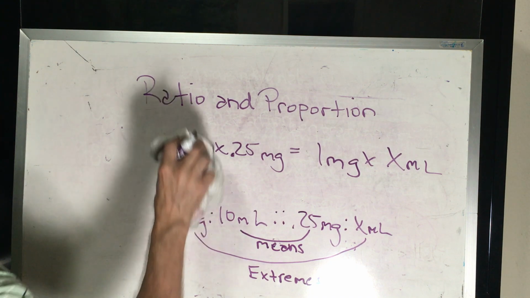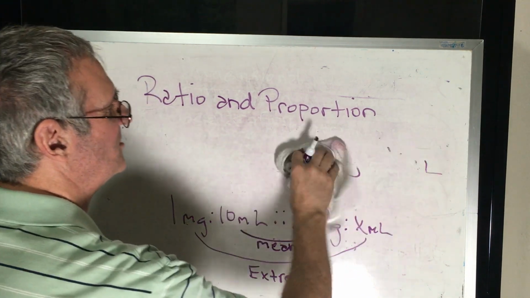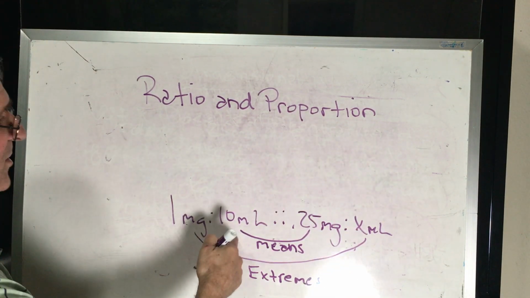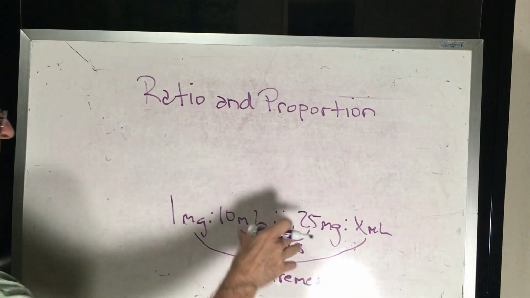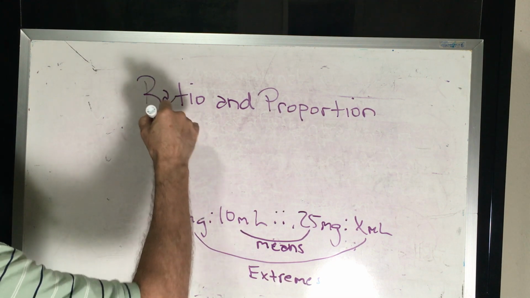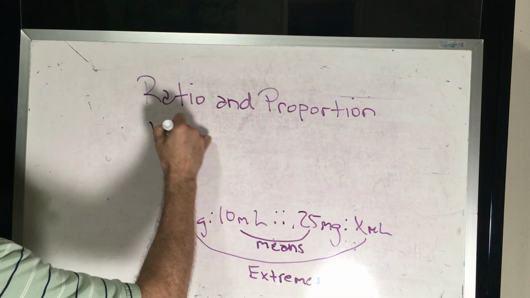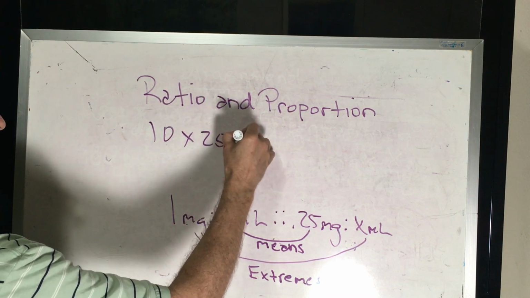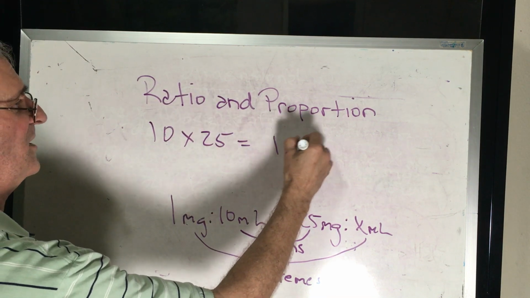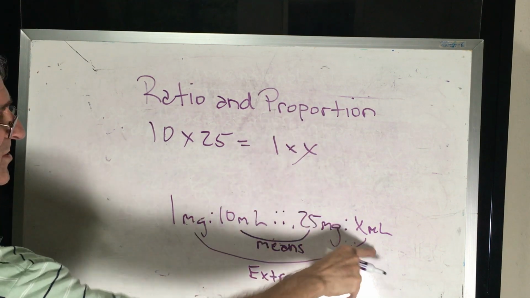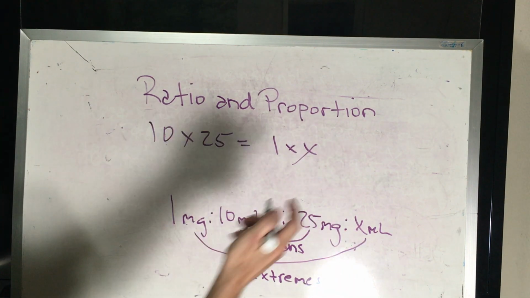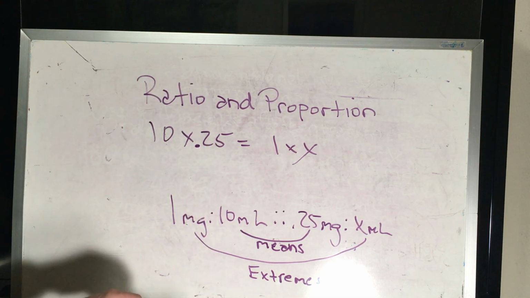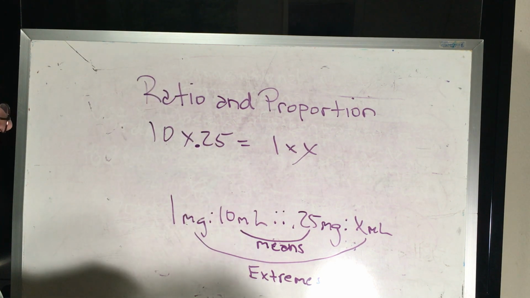Wait, let me do that over, because I think I skipped a step that might be important to you. So I have 1 milligram per 10 mils is 0.25 to X. Now I need to solve for X. So I end up with 10 times 0.25 is equal to 1 times X. So this is just X equals 10 times 0.25, which is going to be 2.5.